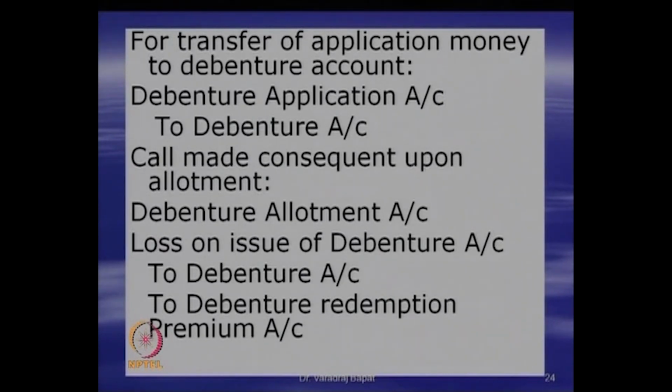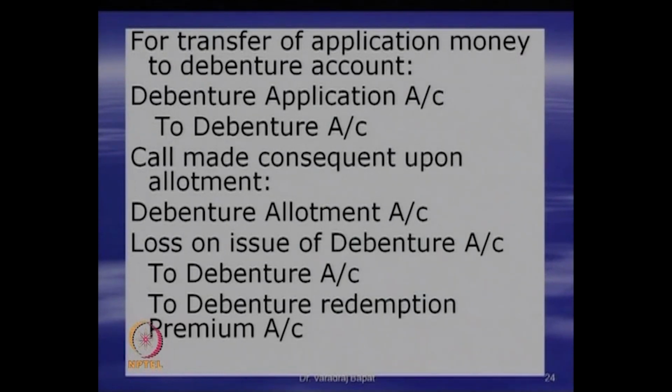Now sometimes the call is made subsequent to allotment. So here debenture allotment account is debited, loss on issue of debenture account is debited, to debenture account and to debenture redemption account.